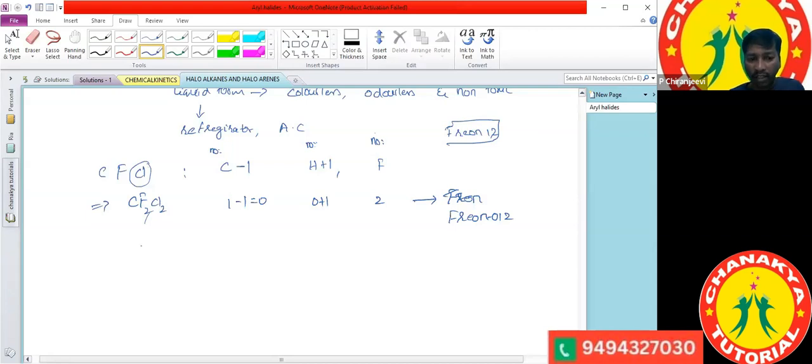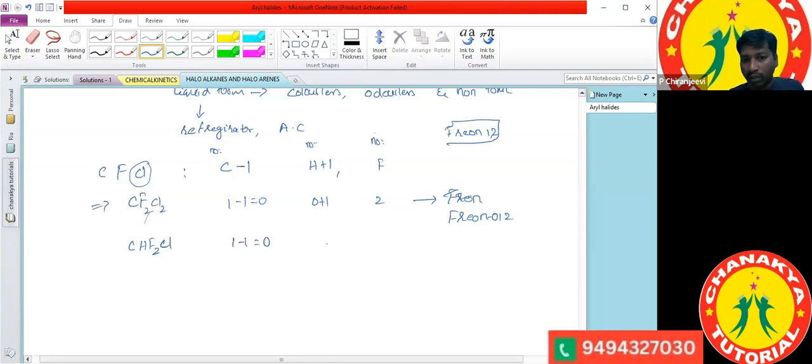For example, if it is CHF2Cl, how can we write the name? First, the number of carbon atoms: 1 minus 1 is equal to 0.